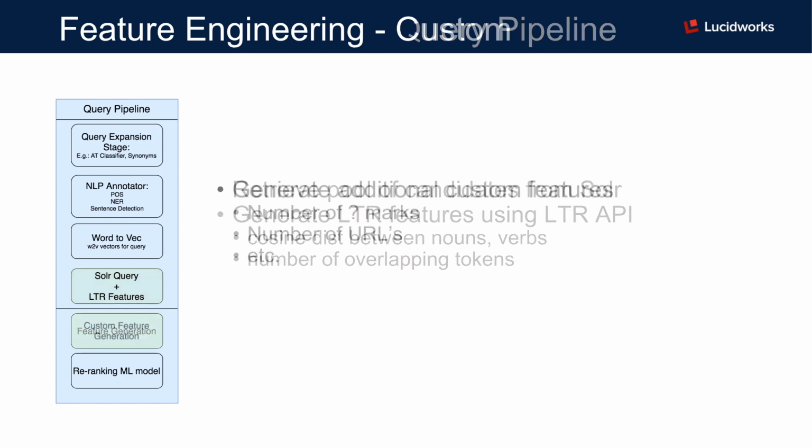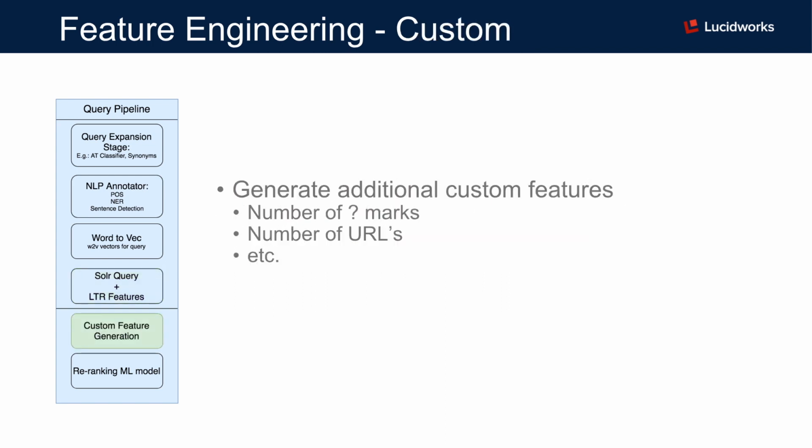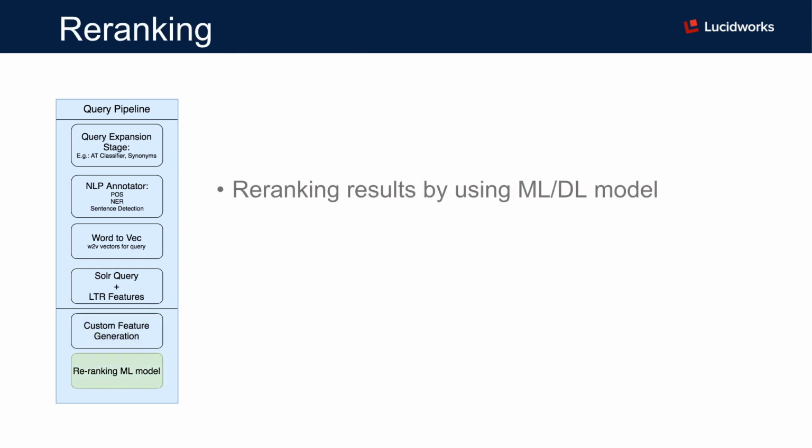After that, we have a custom feature generation stage where we extract more granular and specific features, like how many URLs are there, number of question marks, etc. Finally, we have the features ready, and we can use them in our machine learning or deep learning models to re-rank results.